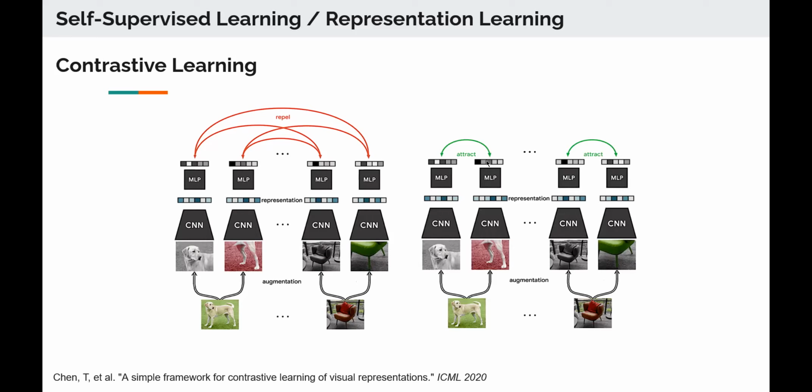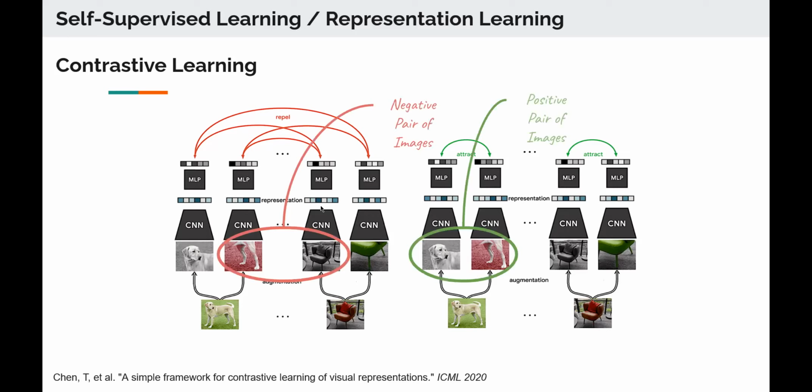So we define some kind of loss function that minimizes the distance between these representations, and similarly these representations, because they also belong to the same class. But it maximizes the distance between this representation and this one, for example. Okay, so we have to define what are known as positive and negative pairs of images.